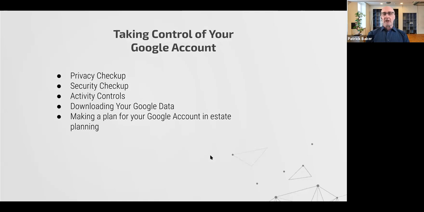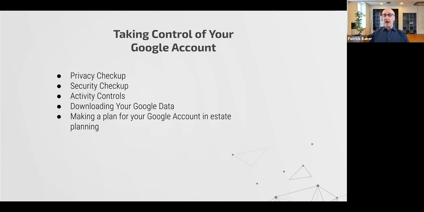What are we going to talk about today? We're going to talk about the following things regarding your Google account. There's a privacy checkup that you can run to make sure that everything's secure and tight as far as what you're sharing with Google and the world. Then we'll talk about the security checkup options that you can go through, and activity controls, which has to do with things like your location information and other things like that.